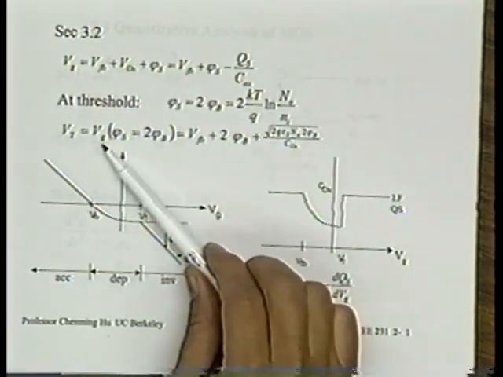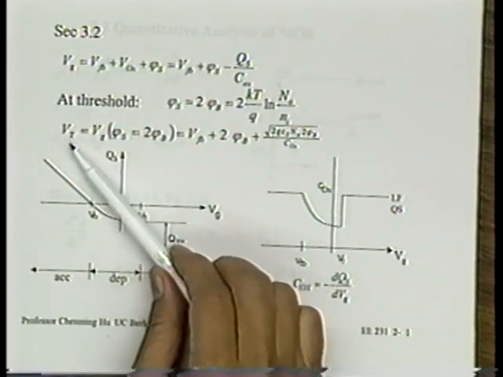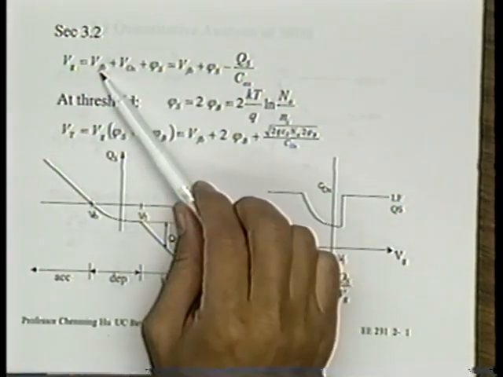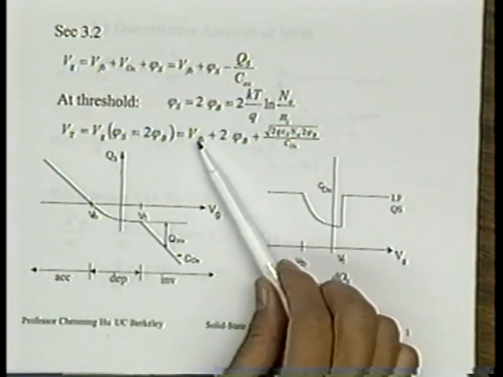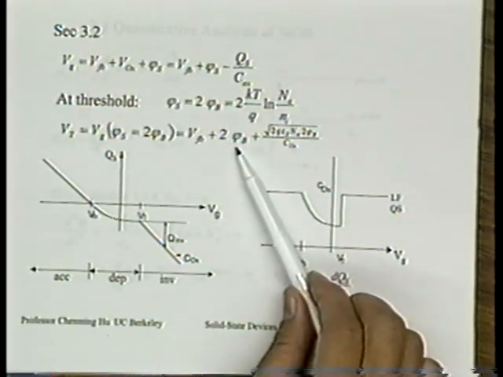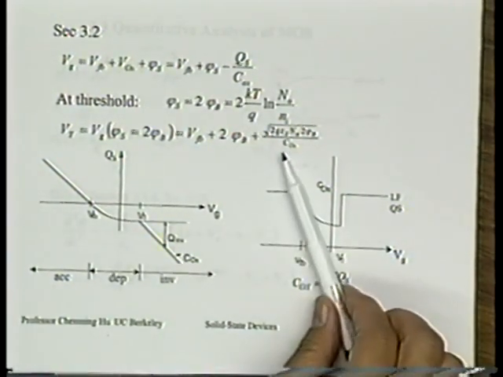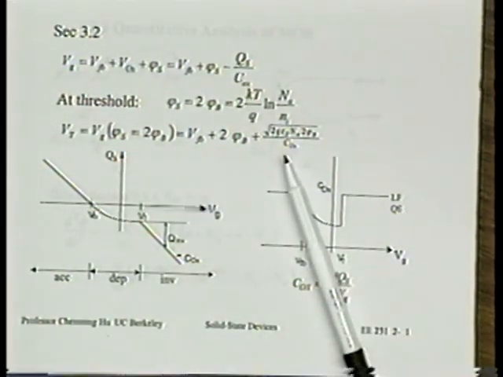That corresponding gate voltage is called Vt. And that must be equal to VFB, that's the first term, plus phi s. Phi s is equal to 2 phi b, plus or minus Qs over Cox. And that gives us this last term. Okay? So that's what we reviewed last time.